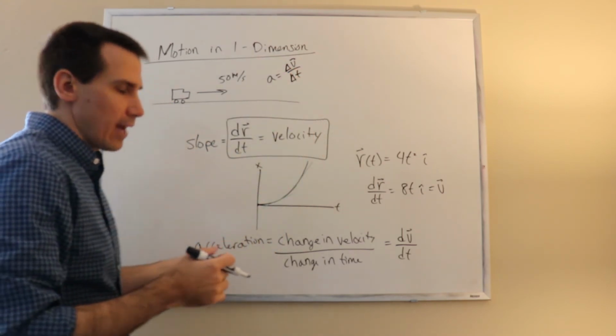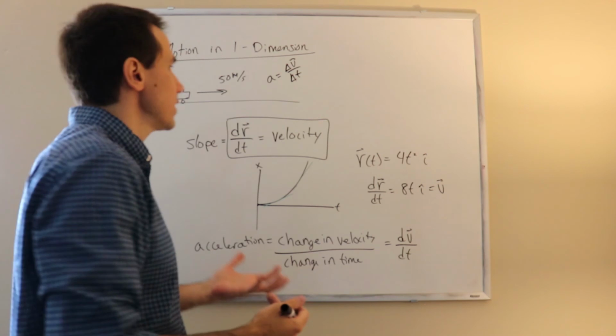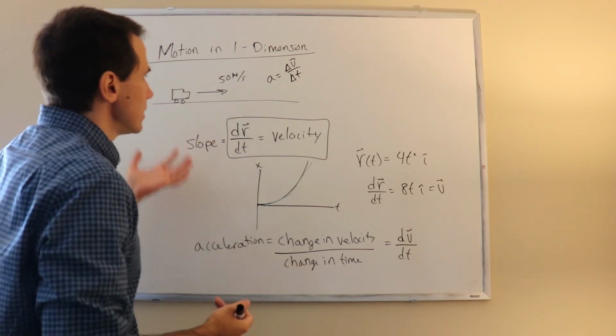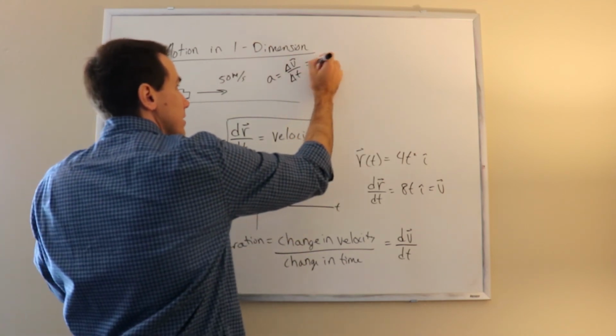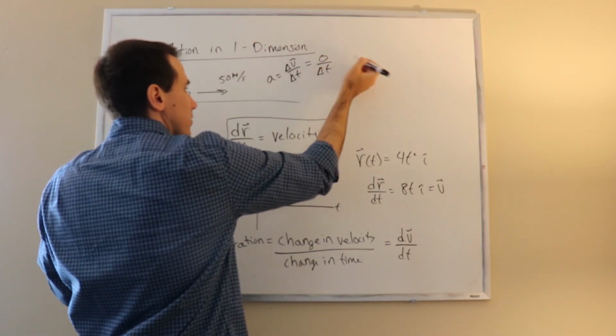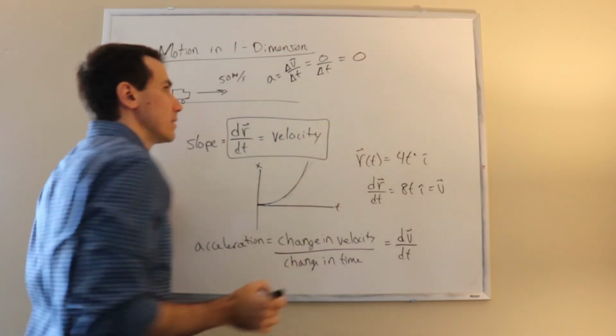As opposed to having to take some continuous calculus limit, I can say, well, if my speed is constant, then my change in velocity is 0 over some amount of time. I don't care what that time is, 0.